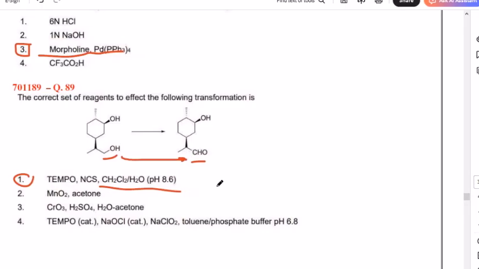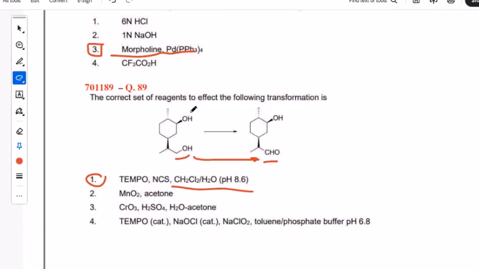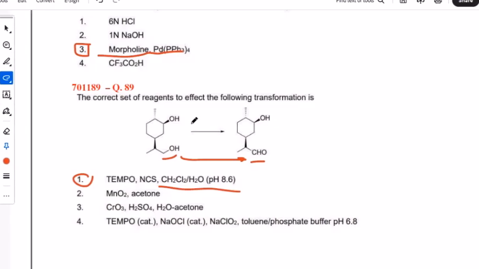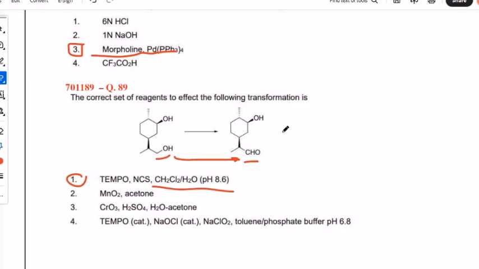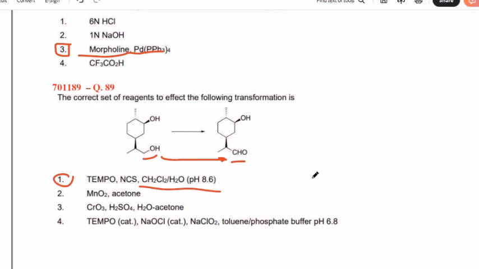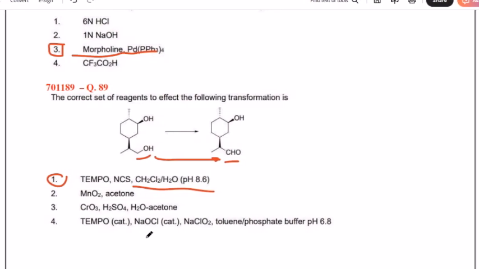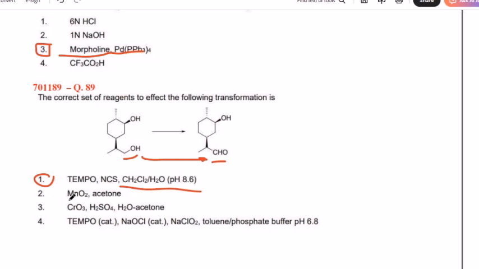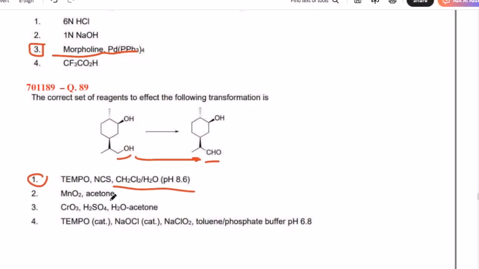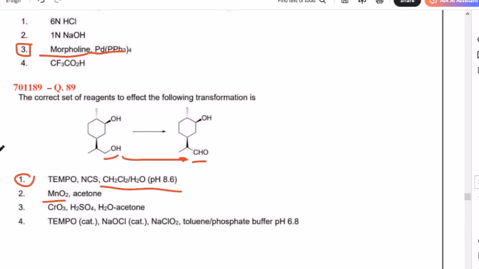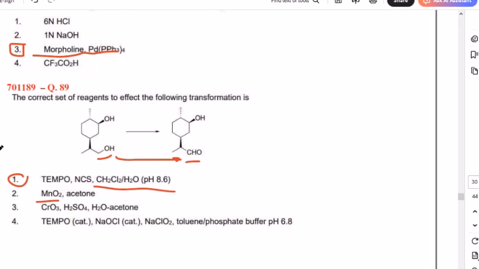Primary alcohols are going to give aldehydes, whereas the secondary alcohol is going to be stable, it is not going to give ketones, right? Chromium trioxide oxidizes alcohols beyond aldehydes. TEMPO, sodium hypochlorite, yes, this is also going to give ketone, whereas MnO2 in acetone, no. MnO2 is very specific, right? So for question number 89, option 1 is the correct option, friends.